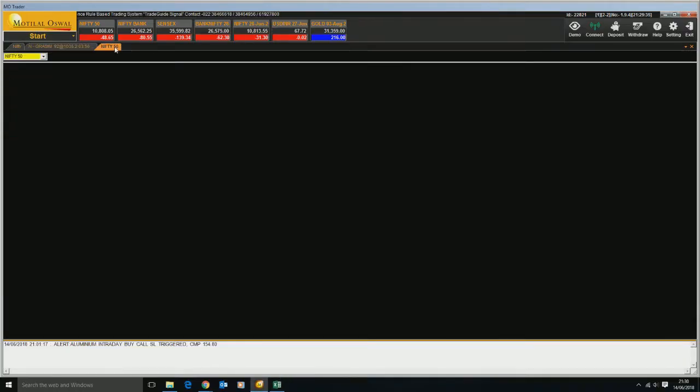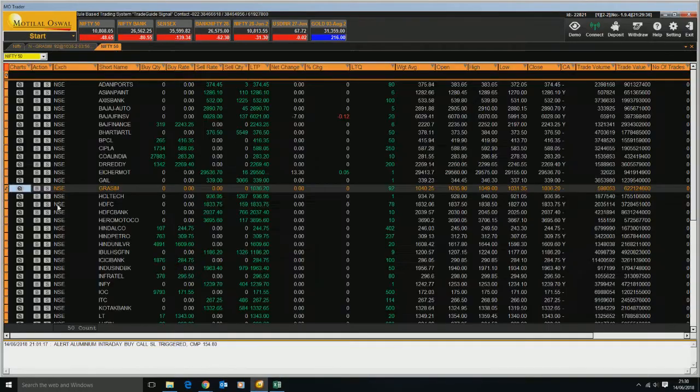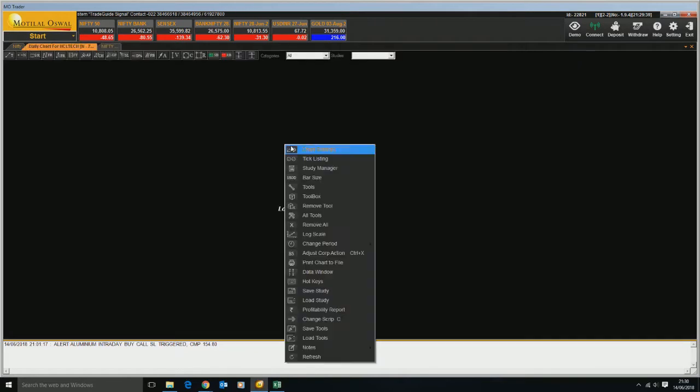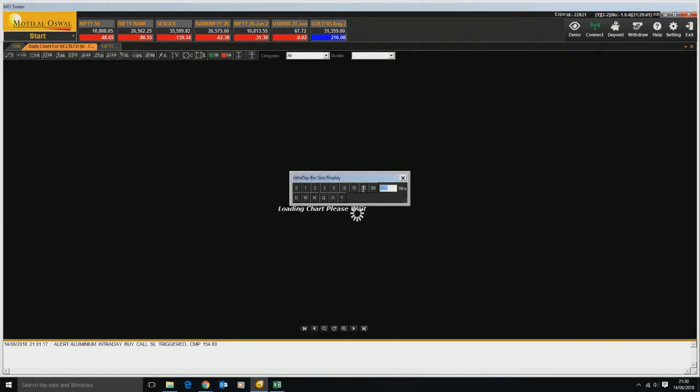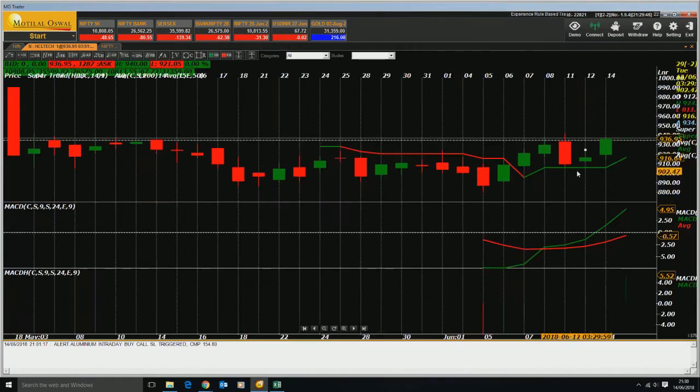Now I go to HCL Tech on the 375 minutes time frame. HCL Tech on the 375 minutes time frame or daily is a buy, a long entry, which is also confirmed by the histogram and also by the MACD crossover.